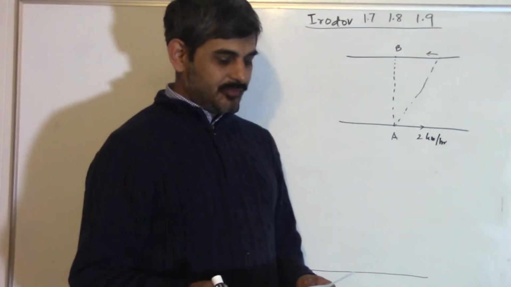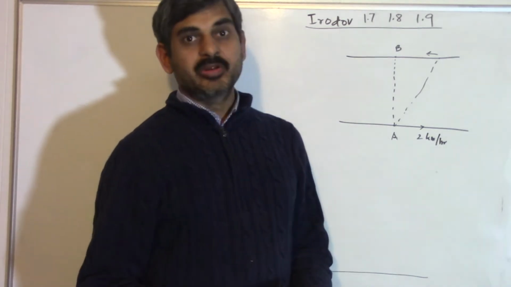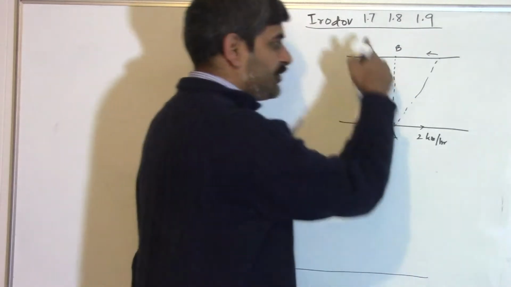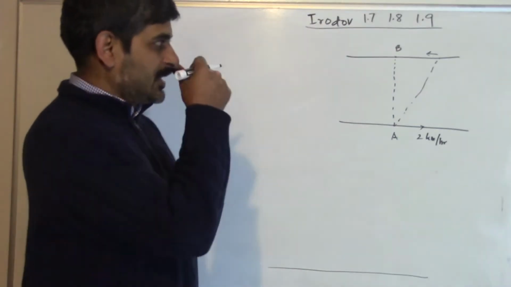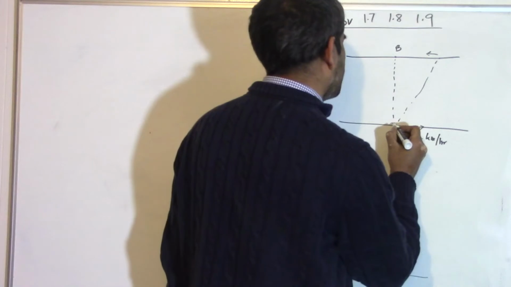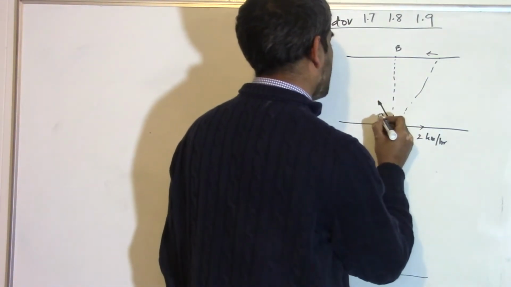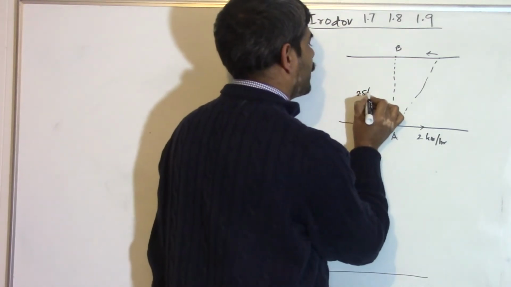And the velocity of each swimmer with respect to water is 2.5 km per hour. So let's take the first one. How does the first one go? The first swimmer tries to swim in this direction at an angle of theta, and his velocity is 2.5 km per hour.